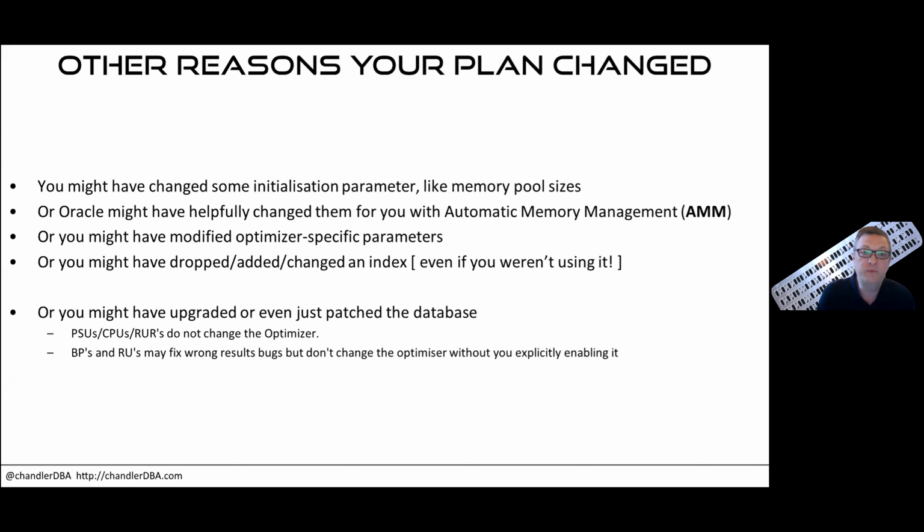Generally one of the biggest problems is when you upgrade. If you patch, PSUs, CPUs, and RURs don't change the optimizer, so it shouldn't change any plans. However, BPs and RUs will fix wrong results bugs and will put optimizer changes in upon occasion, but you need to explicitly enable the change.